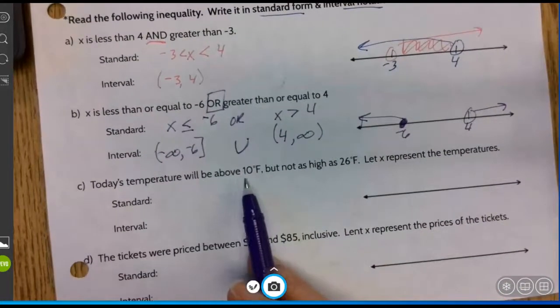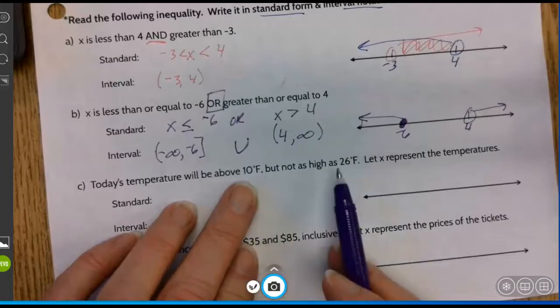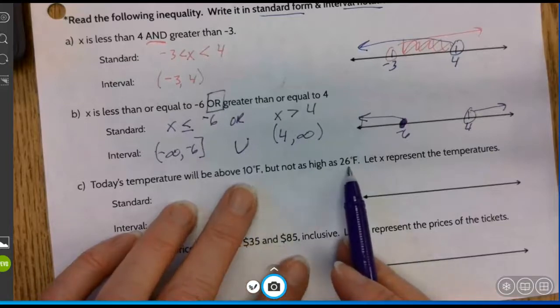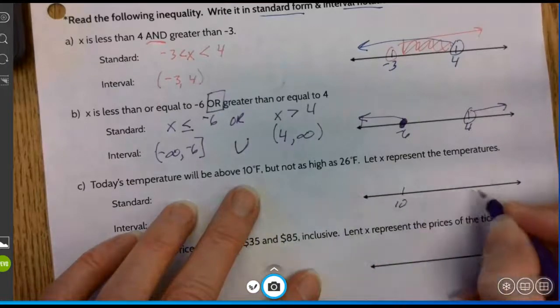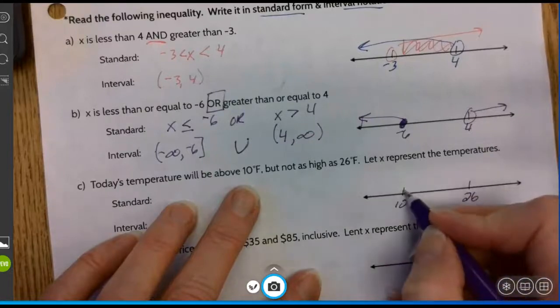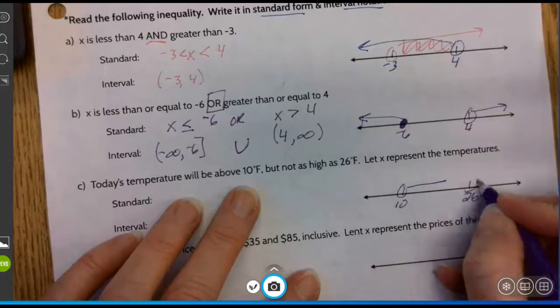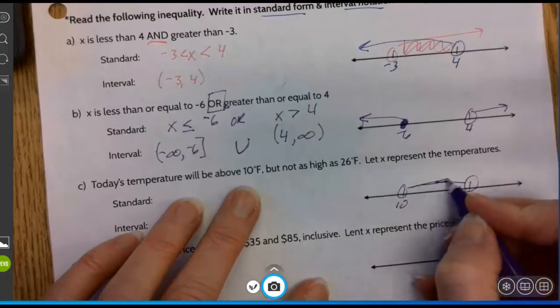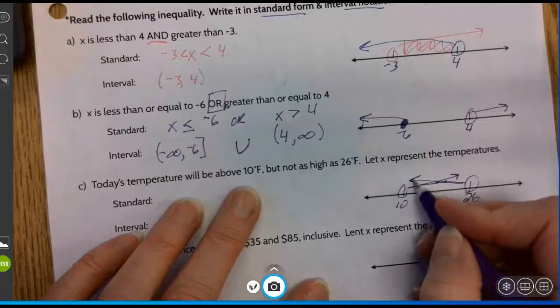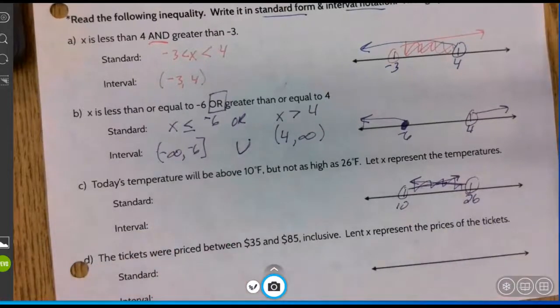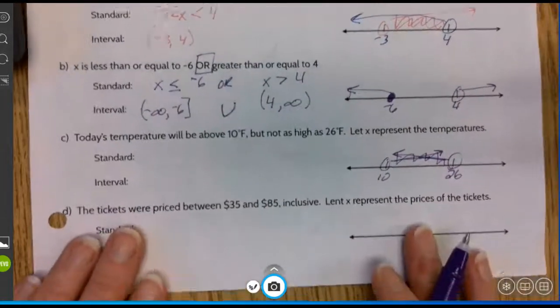Today's temperature will be above 10 degrees, but not as high as 26. So above 10, so here's 10, here's 26. Above 10 will be above 10, but not as high as 26. Okay, see how this one goes here and this one goes here? So it's the stuff in between. Okay, stuff in between, that's real mathematical, I know.